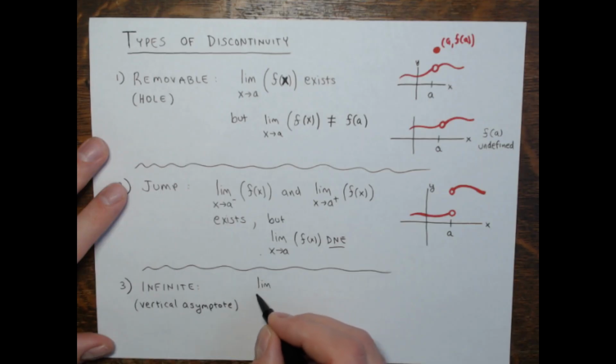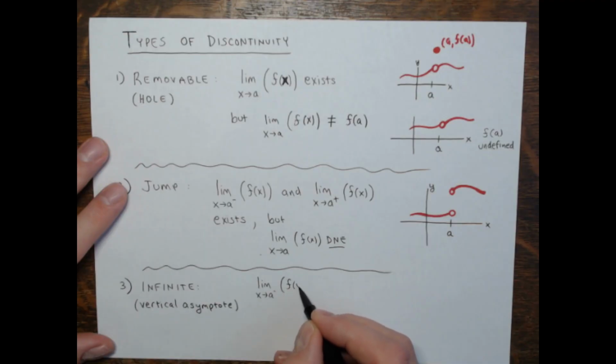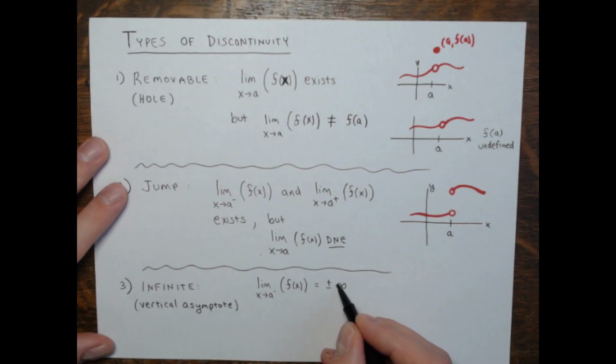So the limit as x approaches a from the left of your function is positive or negative infinity, or the limit as x approaches a from the right of the function is one of the infinities, or both, right?